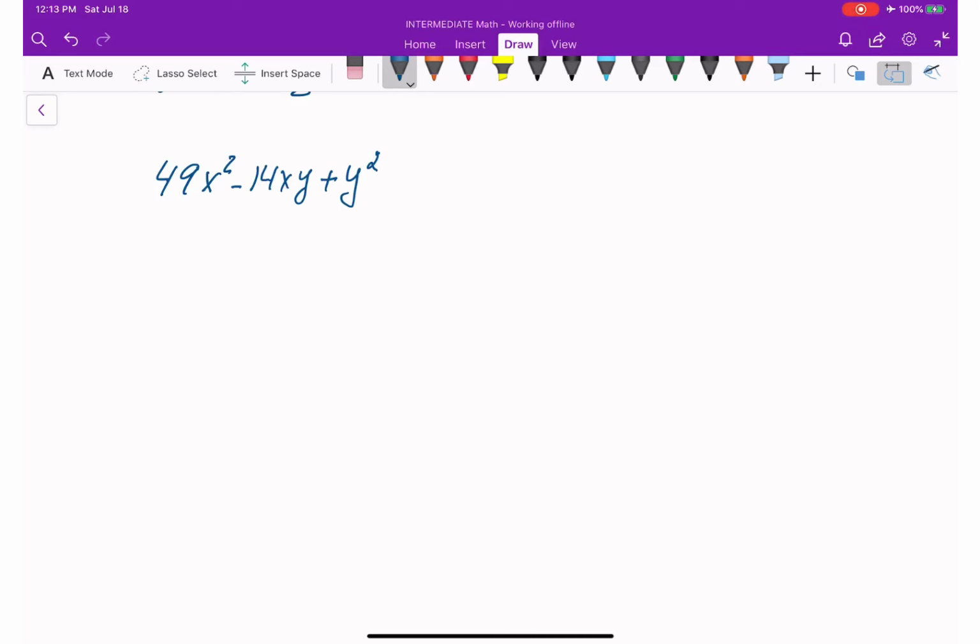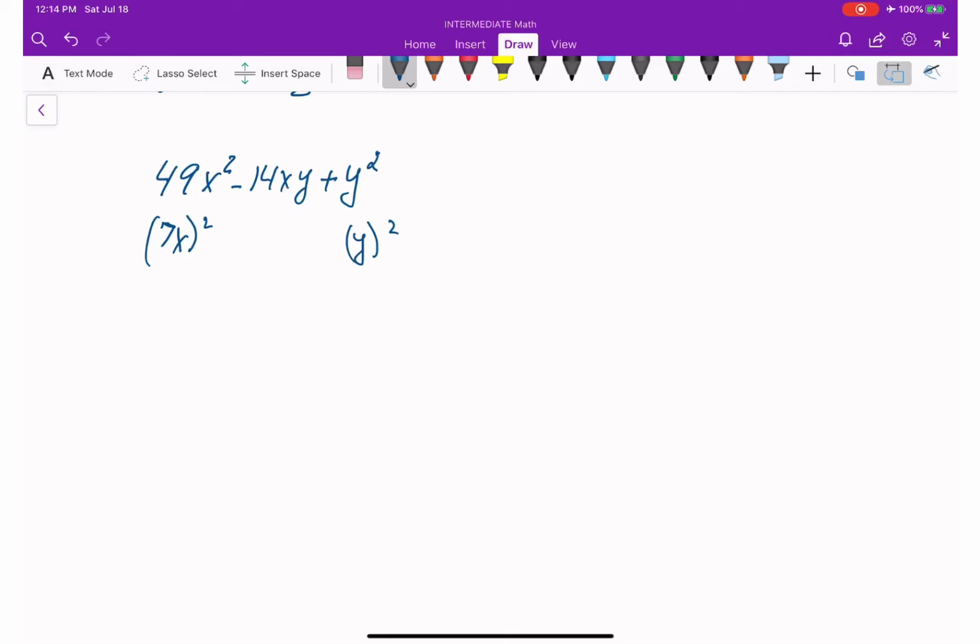Okay, 49x squared, it's 7x to power 2, because 7 squared is 49, right? We are looking for a number that, if I square it, will give me the original number. So 7 and x to power 2. Y is going to be y to power 2.